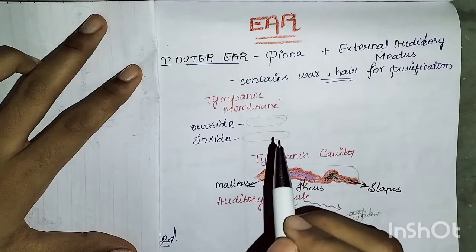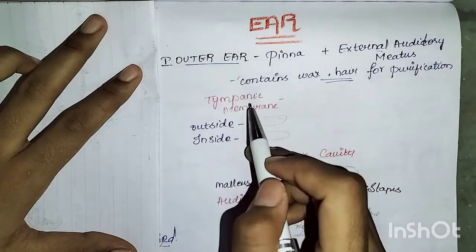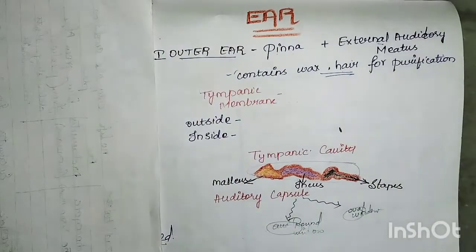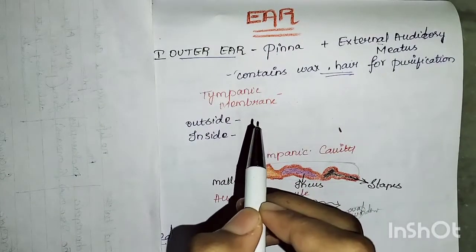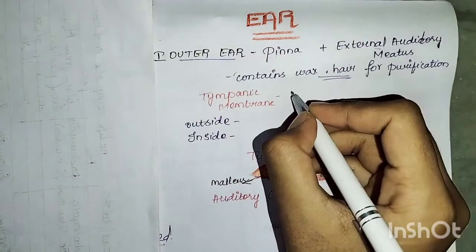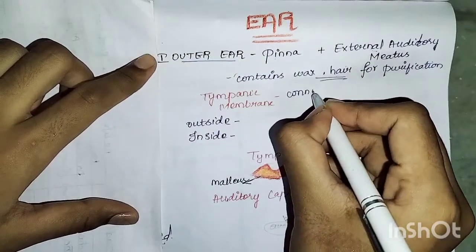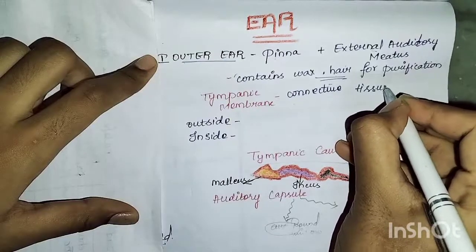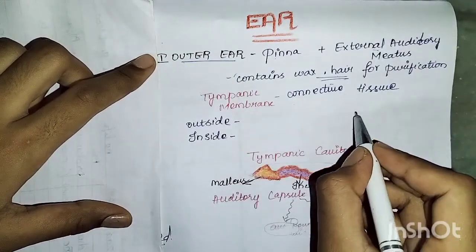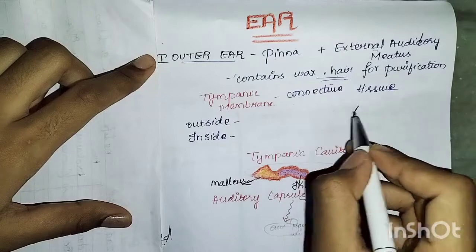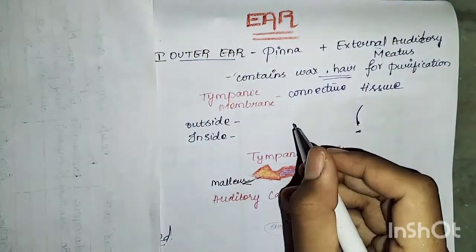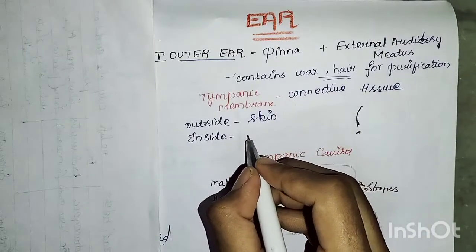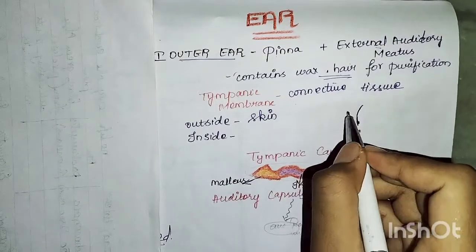Next, the end of the outer ear is the tympanic membrane. This tympanic membrane has connective tissues. The outside, which connects with the outer ear, is made up of skin, somewhat skin-like.